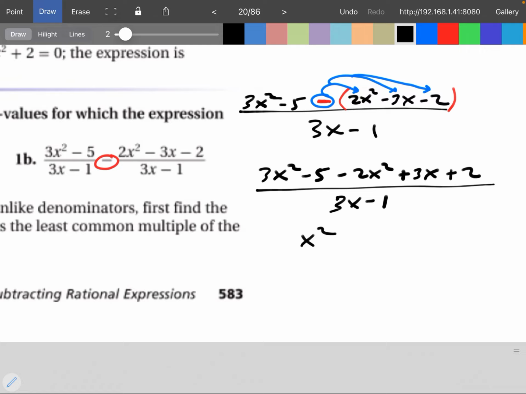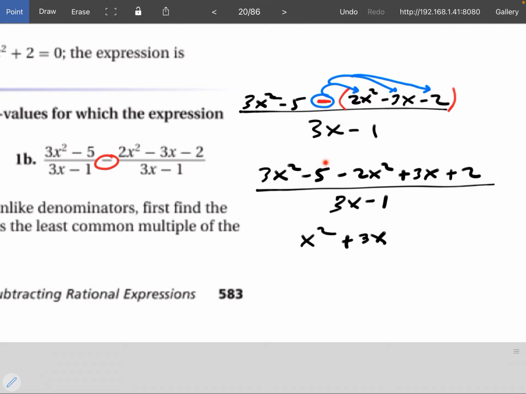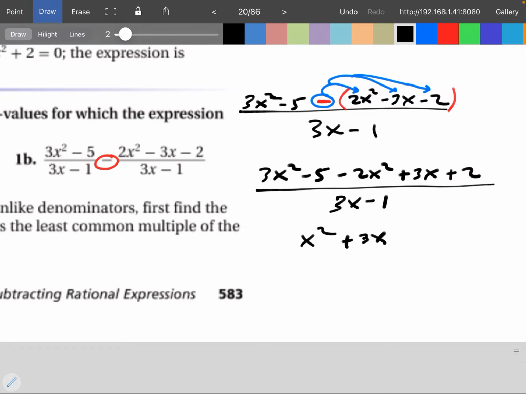And then I have a plus 3x, I'll bring that down. And then I can combine the, I got a -5, and I have a positive 2. So what's -5 plus 2? Negative 3? Okay, thanks.